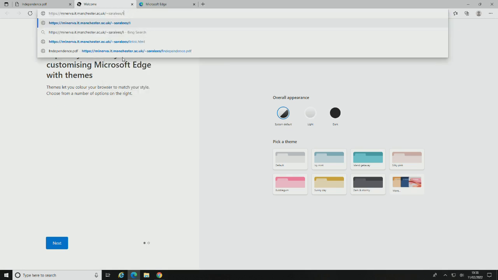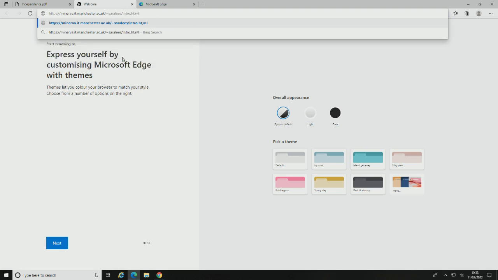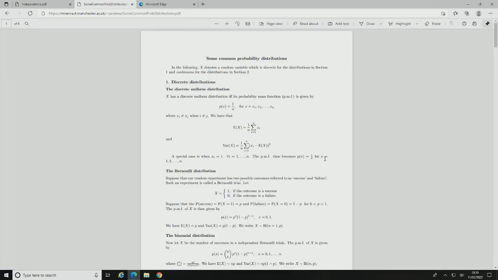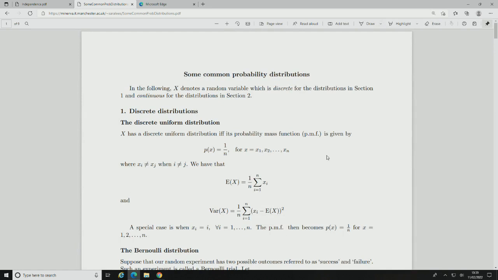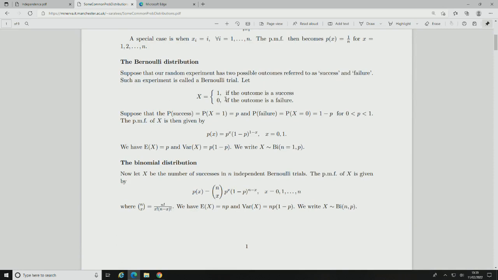Let me go back to the course website. This is the course website. If you go to this link, there's a link called Common Probability Distributions, right? If you click on this link, it gives you the common distributions that you will encounter during this course. So, like the discrete uniform distribution. This is the PMF, and these are the formulas for the expectation and the variance. The Bernoulli distribution, this is the PMF, and the expectation and the variance.